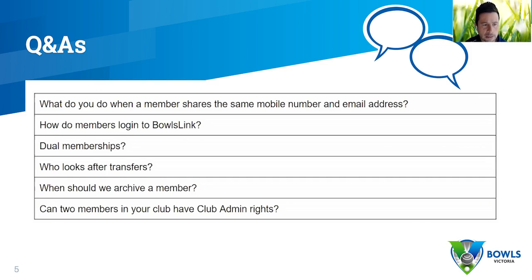And just remember that you can't delete a member. You can always bring them back from archived. So I did that for Jane. So there's no harm in archiving them, and then if they decide to come back, you can put them back into your database. But archiving is good because you want to get an up-to-date list of who's actually bowling, and if they're not bowling, then they do not need to be in your list.